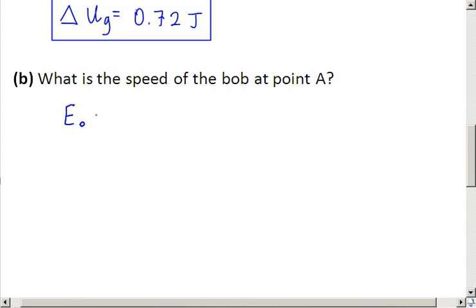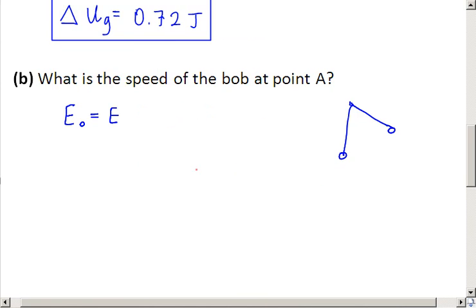Yeah, E naught is equal to E. So for our pendulum question, down here, it's moving, and then up here, at this other position, it's doing something. We found the change in gravitational potential energy. Now, what kind of energy does the pendulum have when it's at point B at the very bottom?